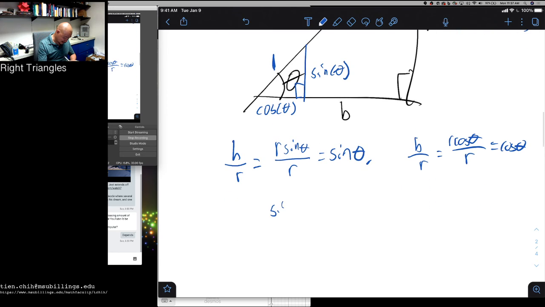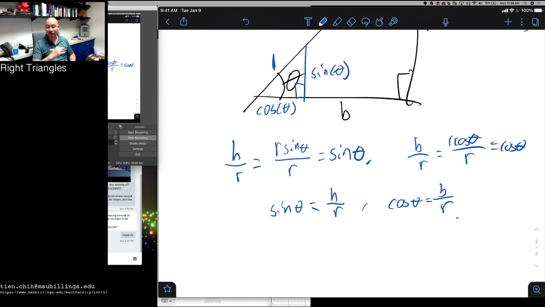So you get that sine theta is the height over the hypotenuse, and cosine theta is the base over the hypotenuse. Alright?